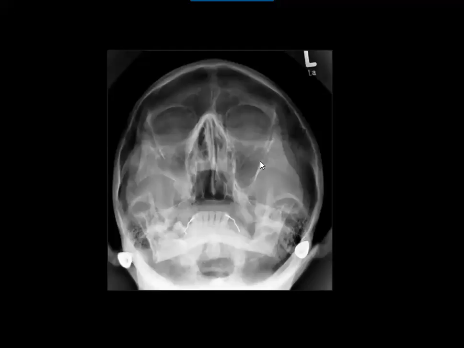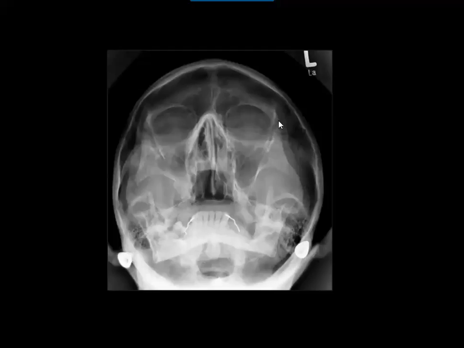This is the zygoma, which is normal on the left side. It is attached to the frontal bone at the zygomatico-frontal suture, and here at the zygomatico-maxillary suture, and here at the zygomatico-temporal suture.